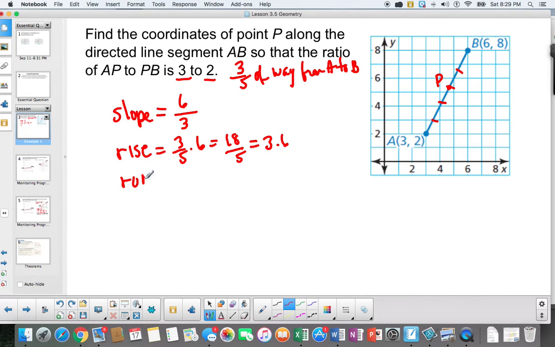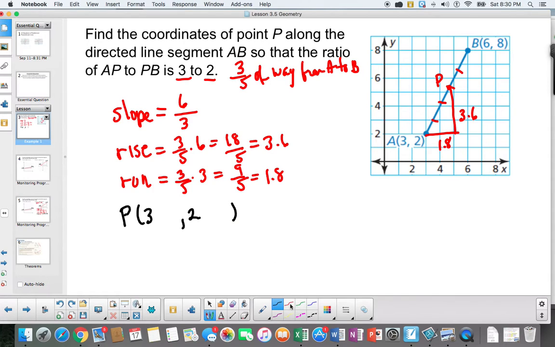I'm going to do the same thing with my run. I want to go 3/5 of 3, which is 9/5 or 1.8. So I want to run 1.8 and I want to rise 3.6. Where's that going to put me? To get to P, I start at x equal to 3 and y equal to 2.